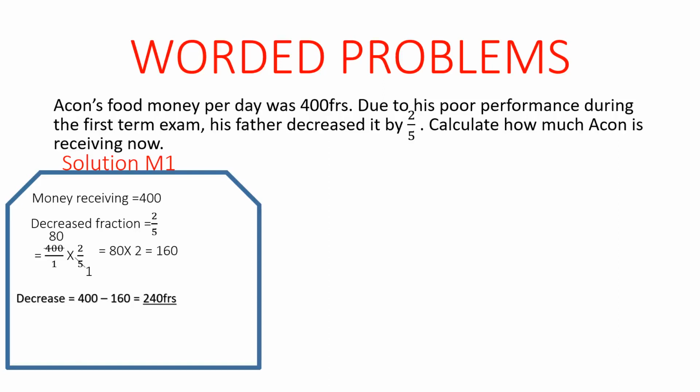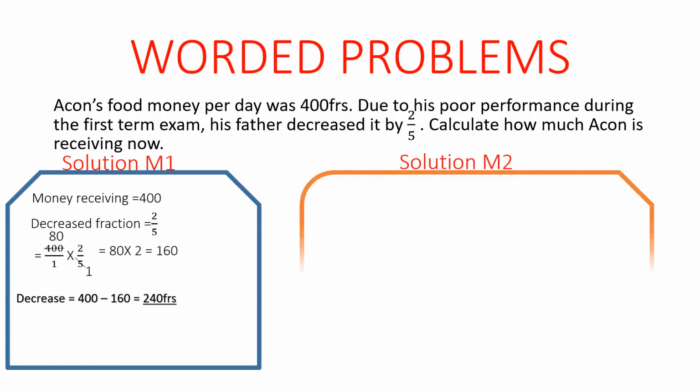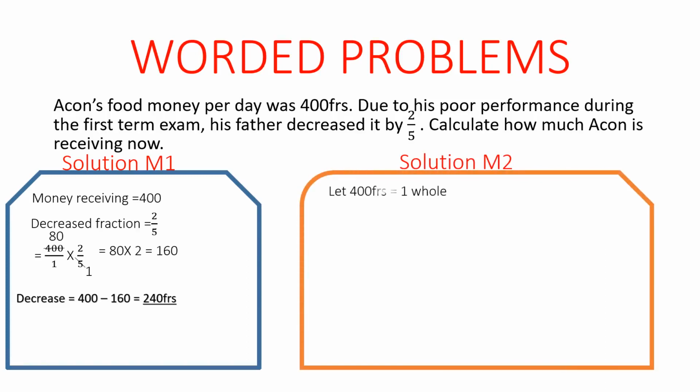Then we go to method 2. Let 400 francs be the whole, the money. Therefore, the decrease fraction is equal to 2 over 5. Now here, we want to decrease with a fraction.